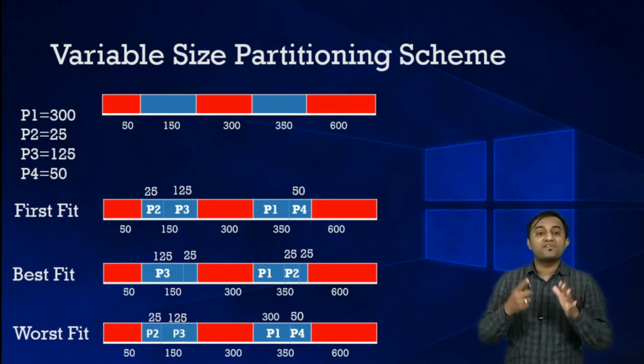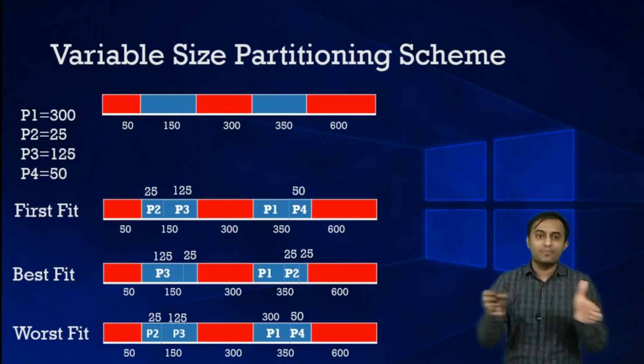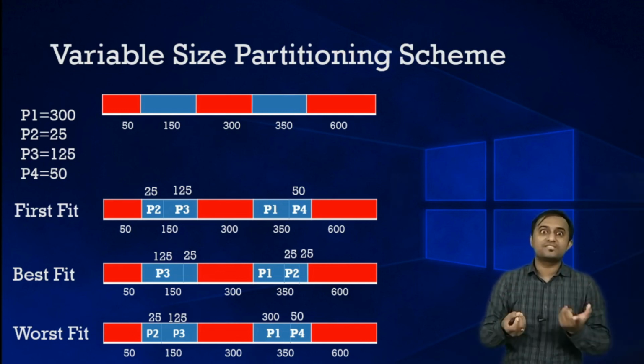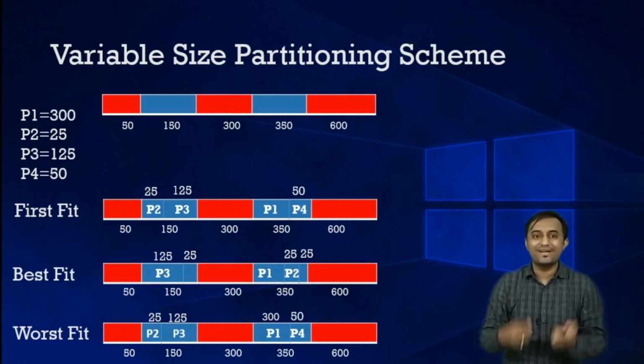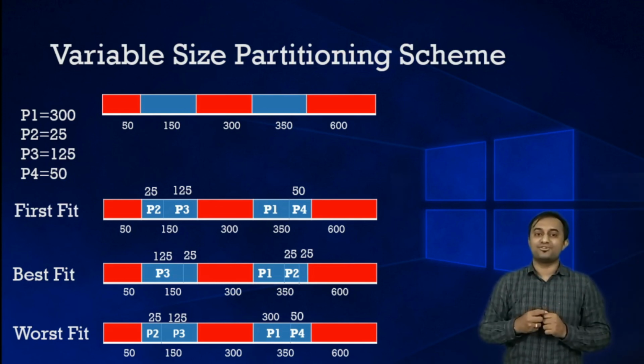But in the case of worst fit, again same as best fit, it will scan all the available blocks beforehand, and the block which is not the smallest, in this case the block which is largest enough to accommodate that request, that block would be picked to hold that request for its execution.